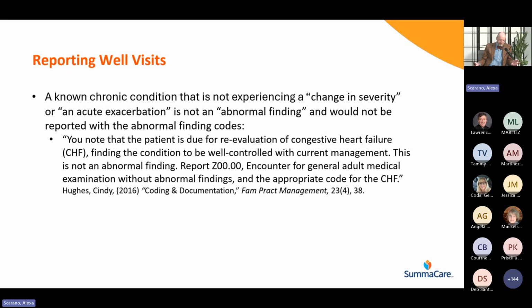Similarly, a patient with hypertension, they're going to have a systolic pressure greater than 120, might be in the 130s, might be in the 140s. If the patient is regularly there, if the patient is not experiencing a change in severity from that patient's baseline, if the patient is not experiencing an acute exacerbation, you're not going to report that with an abnormal finding code.